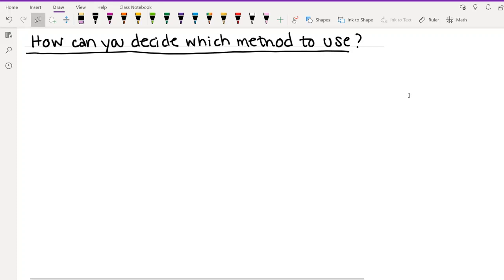Okay, so the first thing I want to talk about is which variable you're integrating with respect to, because this is really going to influence, in many cases, which method you're going to use. So let's say that you are revolving about the x-axis.